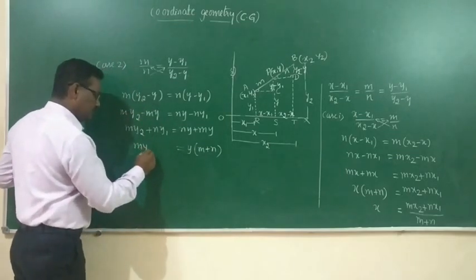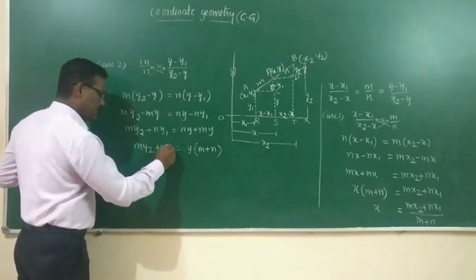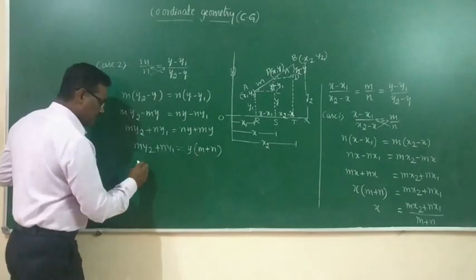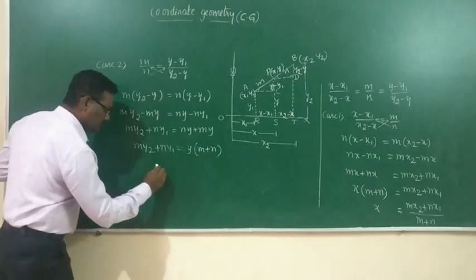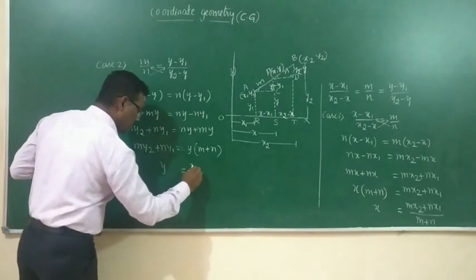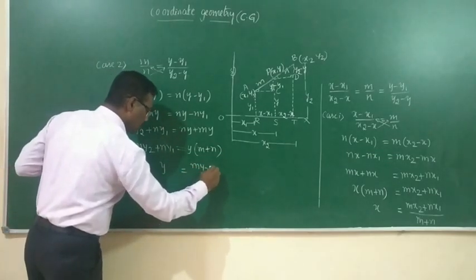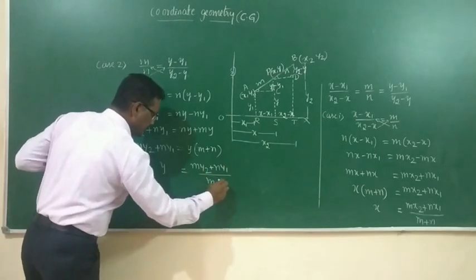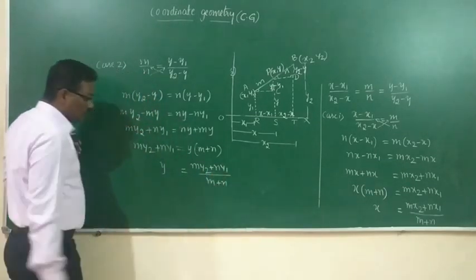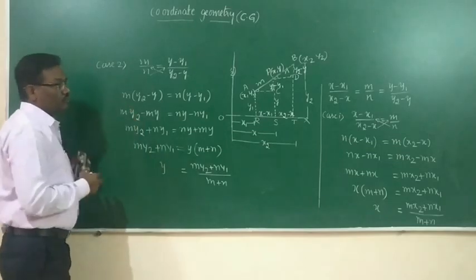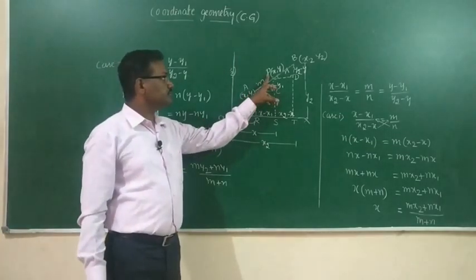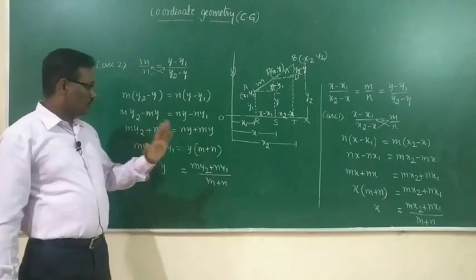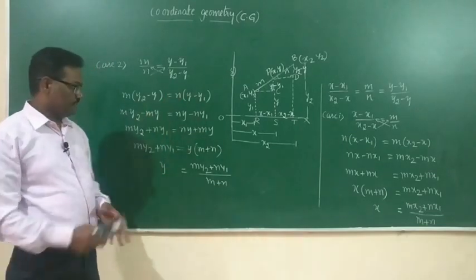So by sending this across, you will get y equals my2 plus ny1 by m plus n. Y is the coordinate of the section point. Therefore, we have both coordinates of the section point.